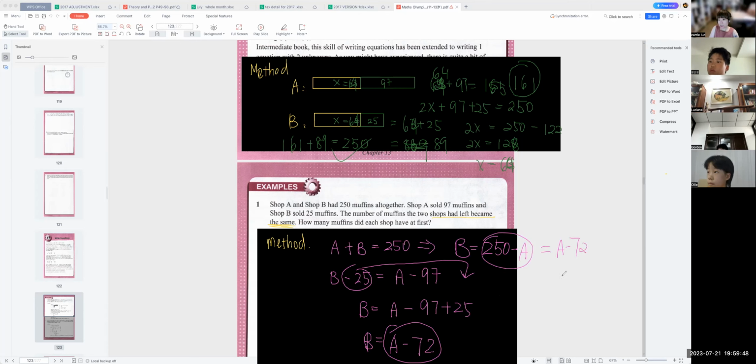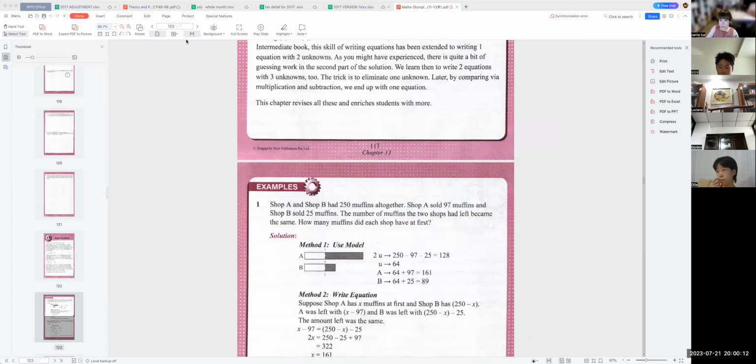So we're putting them together. 2A equals 322. A equals 161. And B equals 250 minus 161 equals 89. So we have the same thing. Okay, both ways are workable. It's right for each of the questions.